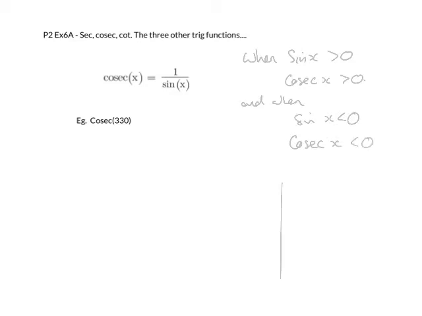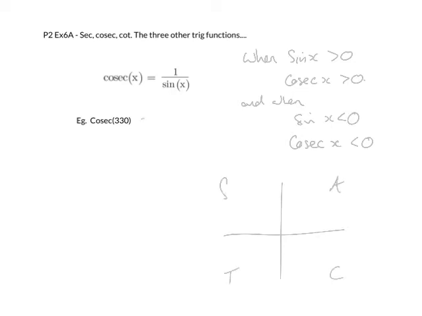Okay, so cosec is equal to 1 over sine x. Again, cosec and sine have the same sign, be it a positive one or a negative one. Okay, so written out formally there, when sine x is positive, cosec x is positive, and same with negative.